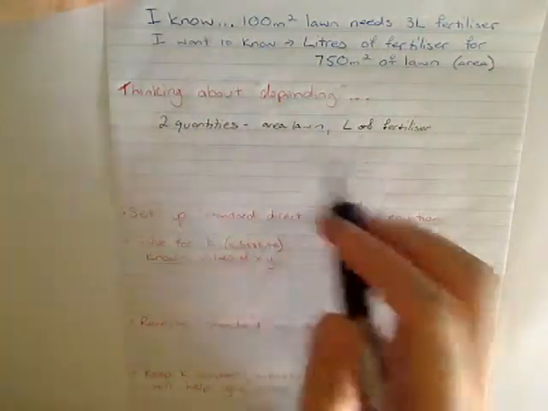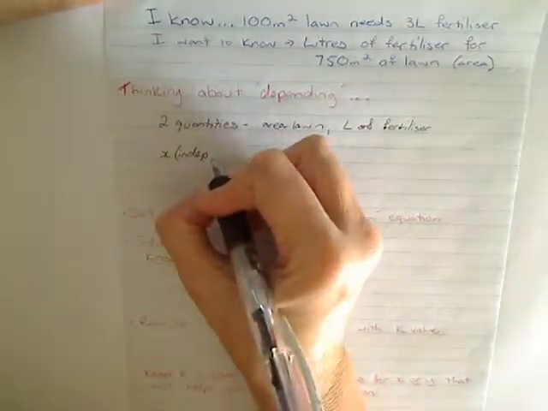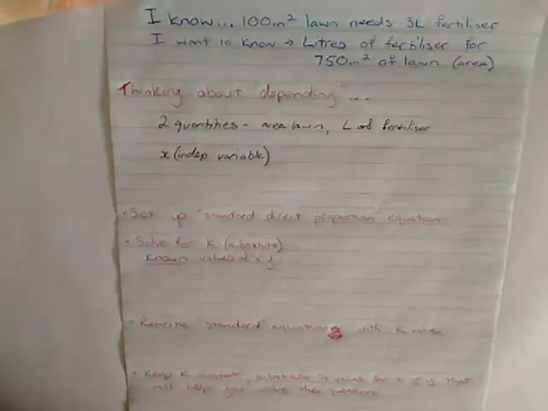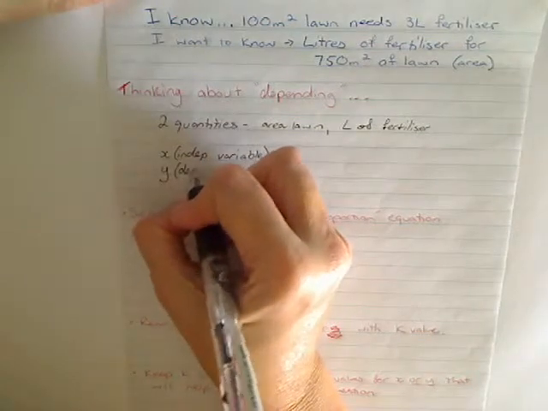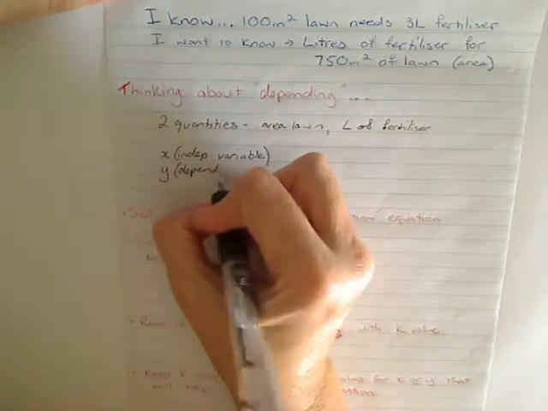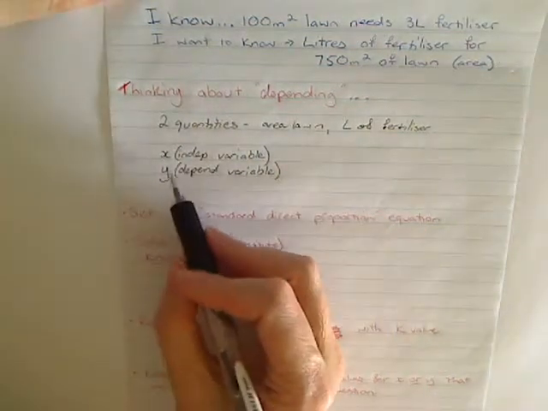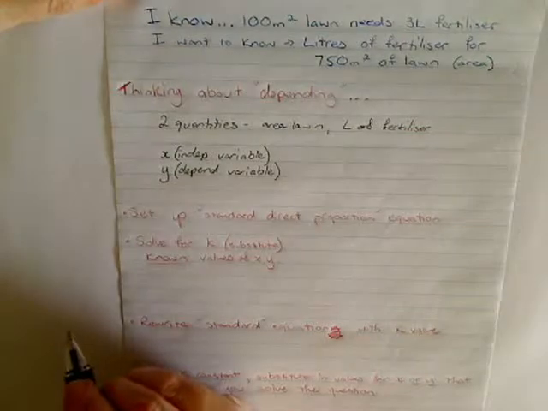So we would say that x is our independent variable, which means it's just going to vary as it pleases, and y is our dependent variable, which means what happens to y is going to depend on what happens to x.